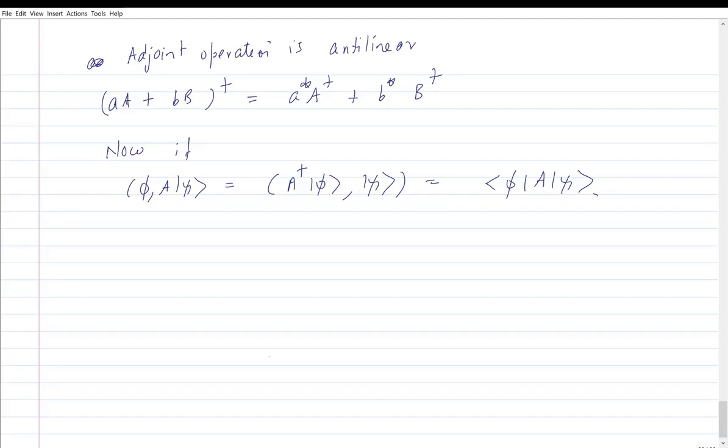So in other words, I can apply A to psi and take the inner product with phi, or I can call it A dagger acting on the first element and then take the inner product.